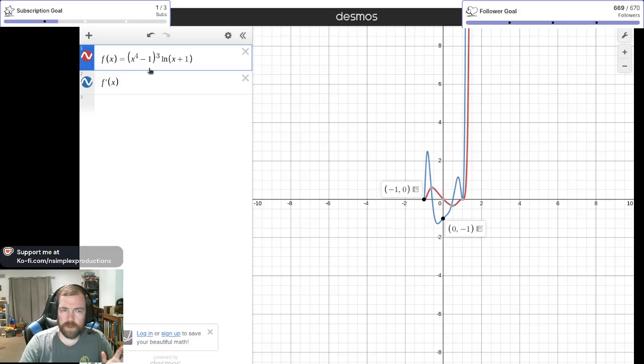This polynomial is going to beat out this natural log here in terms of reaching this 0 value versus the natural log going to negative infinity. Right? A polynomial to the fourth is going to be much more powerful as a term rather than our natural log as a term.